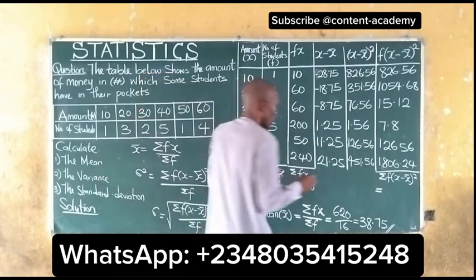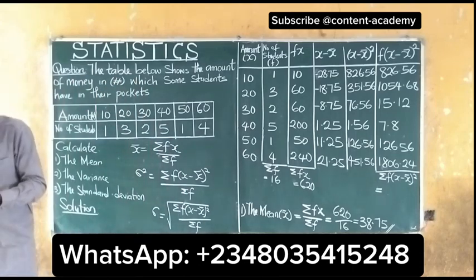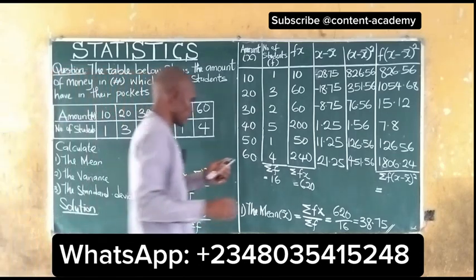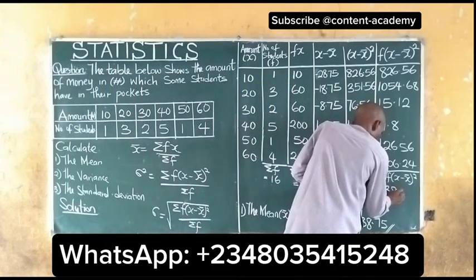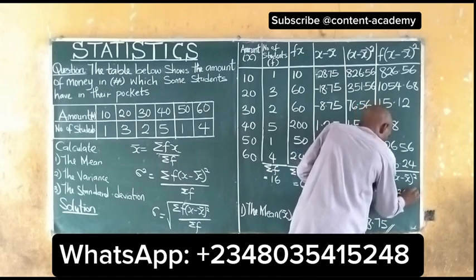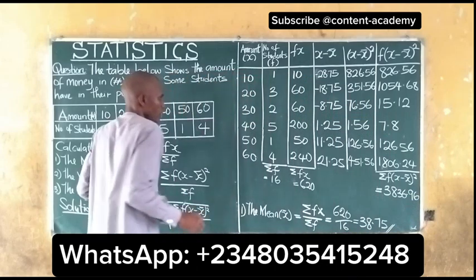So we have here 3836.96. That's what we have.